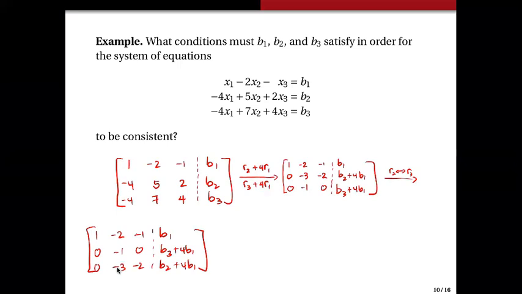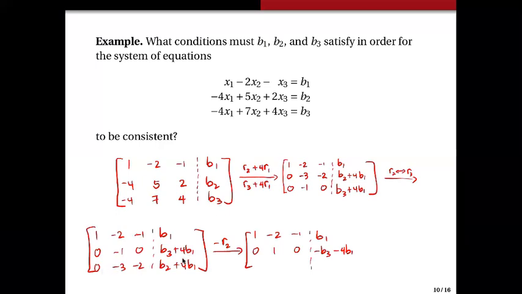Then we can multiply this by -1, so negative r2. So this is still 1, -2, -1, B1, 0, 1, 0, minus B3 minus 4B1.